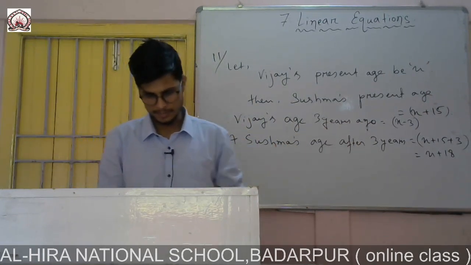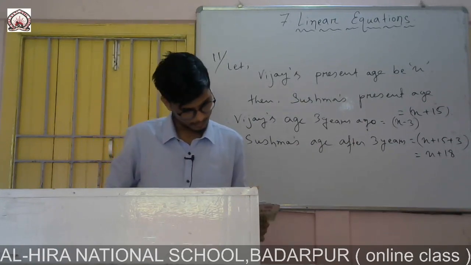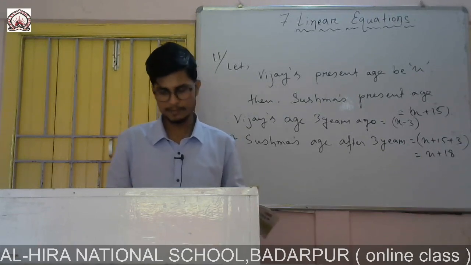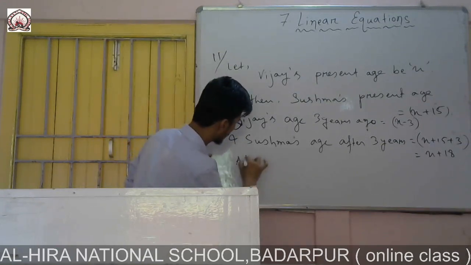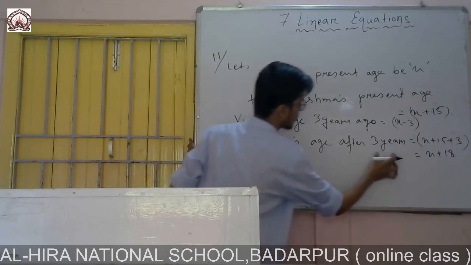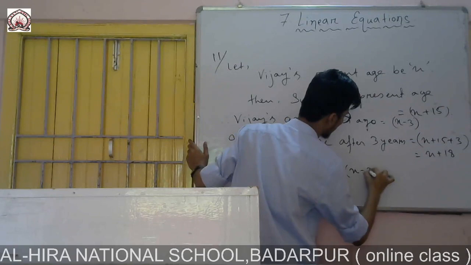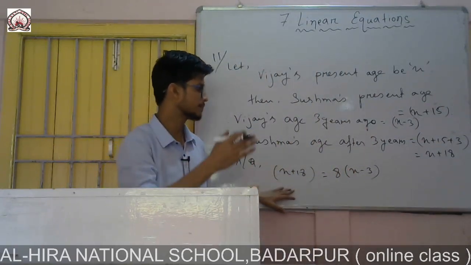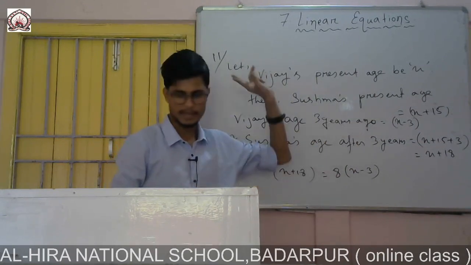Now it is given that in 3 more years she will be 8 times as old as Bijay. So, according to the question, Sushma's age after 3 years will be equal to 8 times Bijay's age 3 years ago.